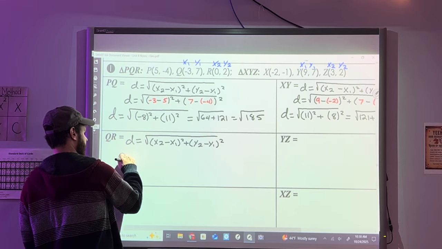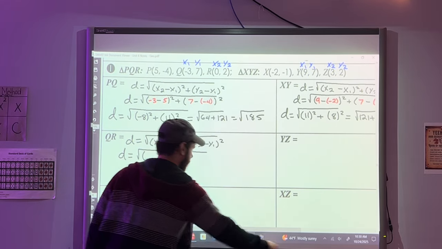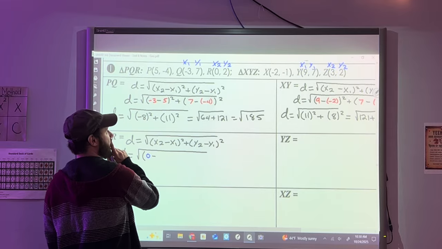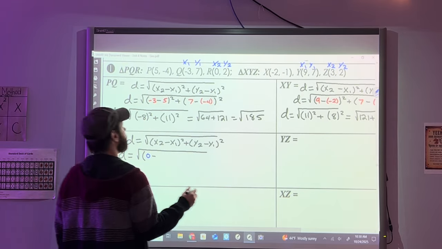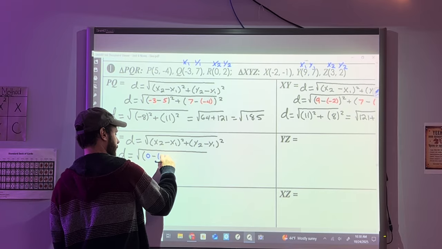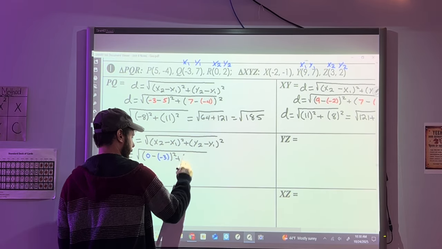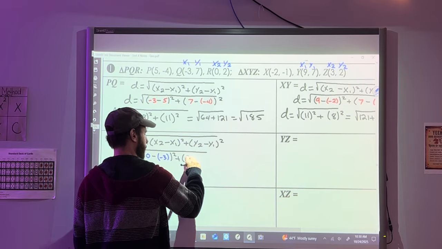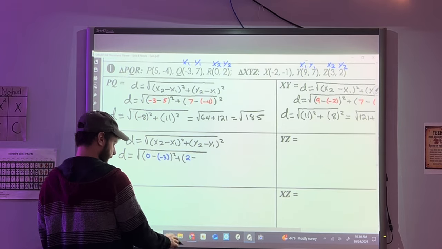Okay. Distance equals big ol' square root x2, which this time is 0, minus x1, which is -3. Close it, square it, add y2, which is 2, minus y1, which is 7.